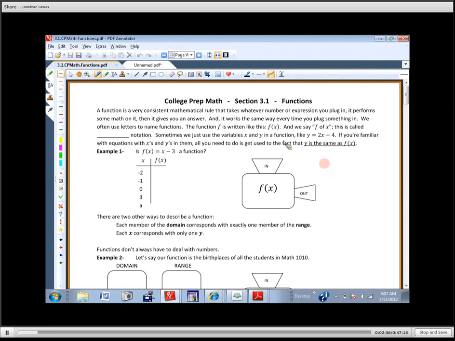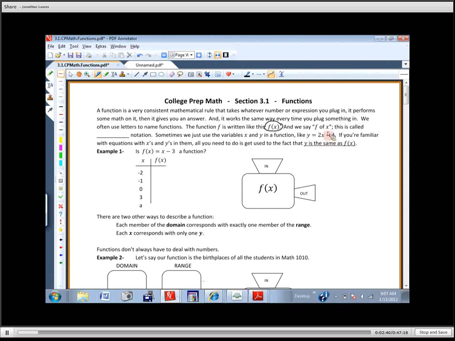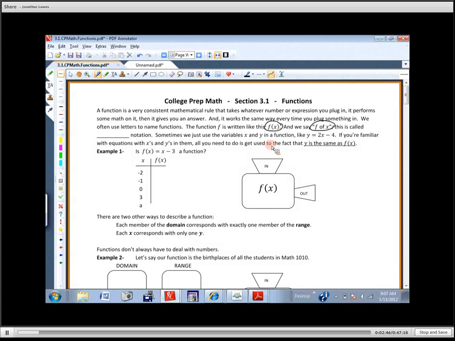And we also use this type of notation. This is called function notation, and we say it this way. We literally say f of x. Okay? So that's called function notation. And for those of you that took 1010 here, you saw that type of notation.